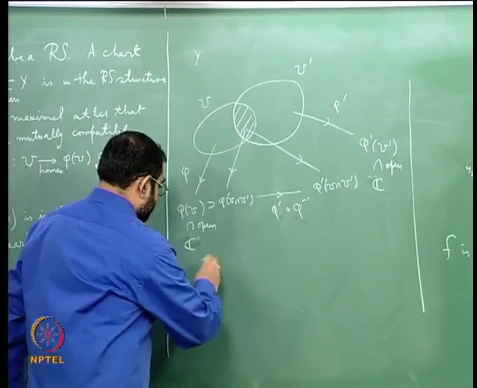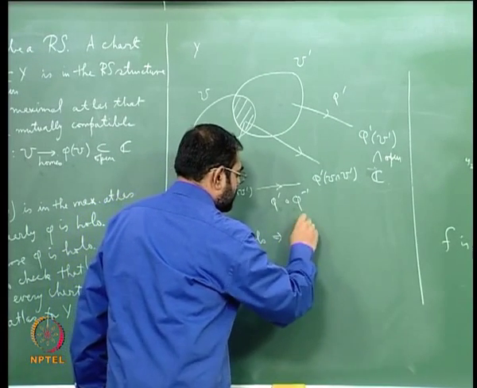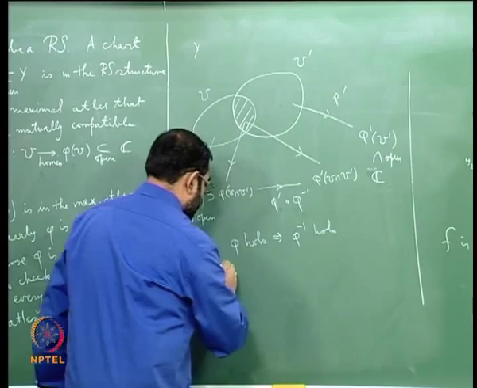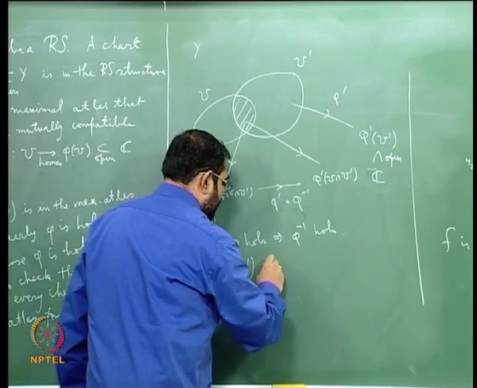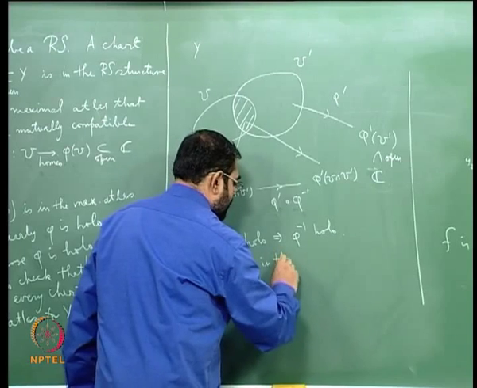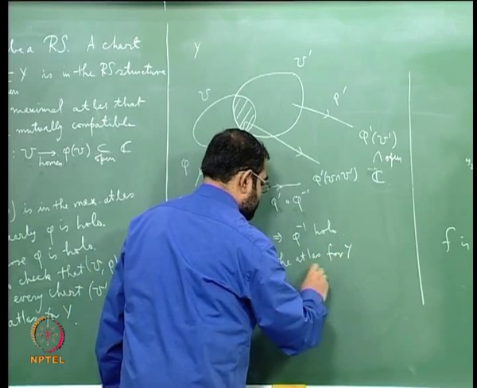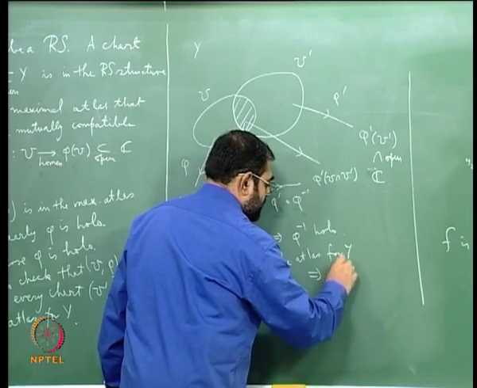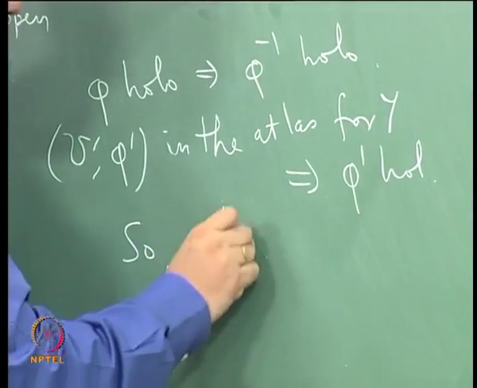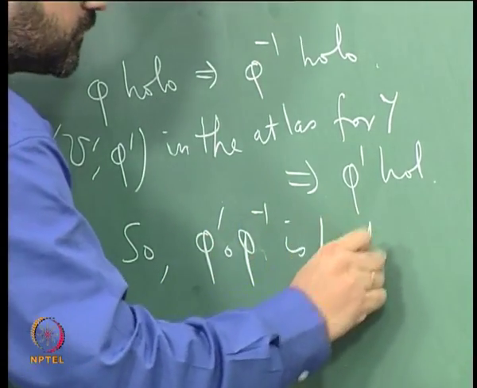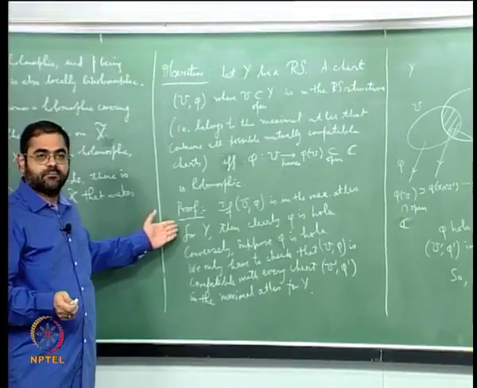So phi holomorphic implies phi inverse holomorphic, and (U prime, phi prime) in the atlas for Y implies phi prime is holomorphic. So phi prime composed with phi inverse is holomorphic. This completes the proof of this claim.